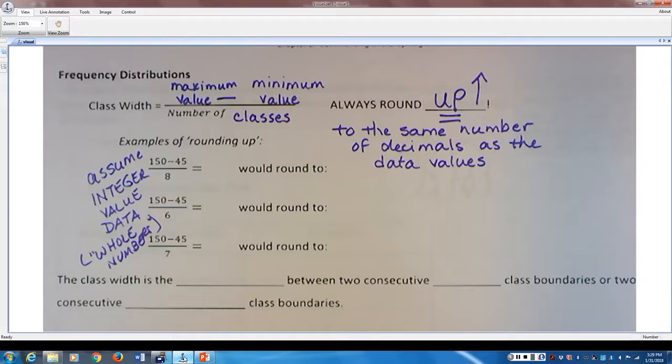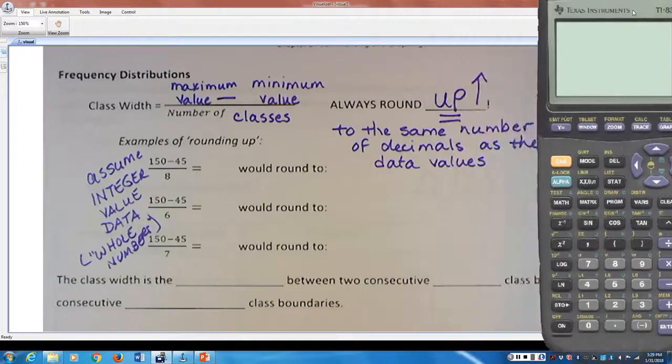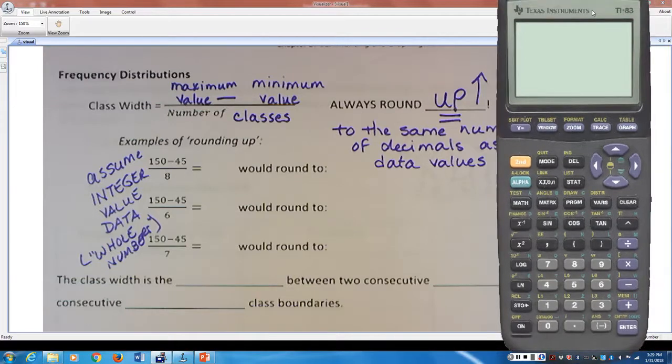we're going to do these examples. And it's okay to use a calculator for these because I don't divide all that well in my head anymore either. So what we're going to do is we're going to use this calculator. And the first one we have, it says that our maximum data value was 150 and the minimum data value was 45.